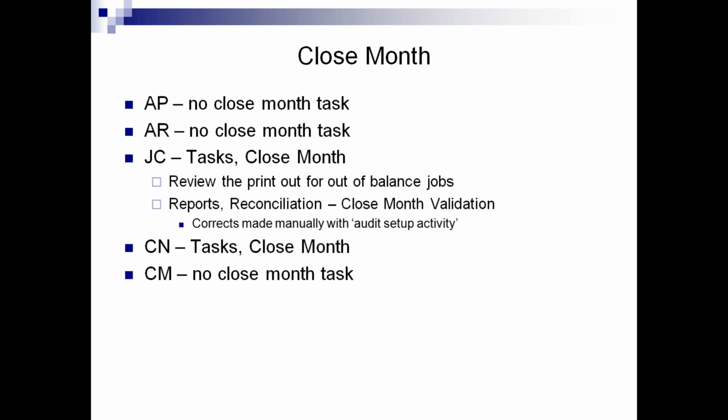And one thing I want you to be aware of is that there is a report that is generated with this closed month that is doing some verifications within your job cost master file. It's actually balancing from the category level up to the cost code level up to the job level. You need to be sure that you look at that report to make sure that everything says it's in balance.